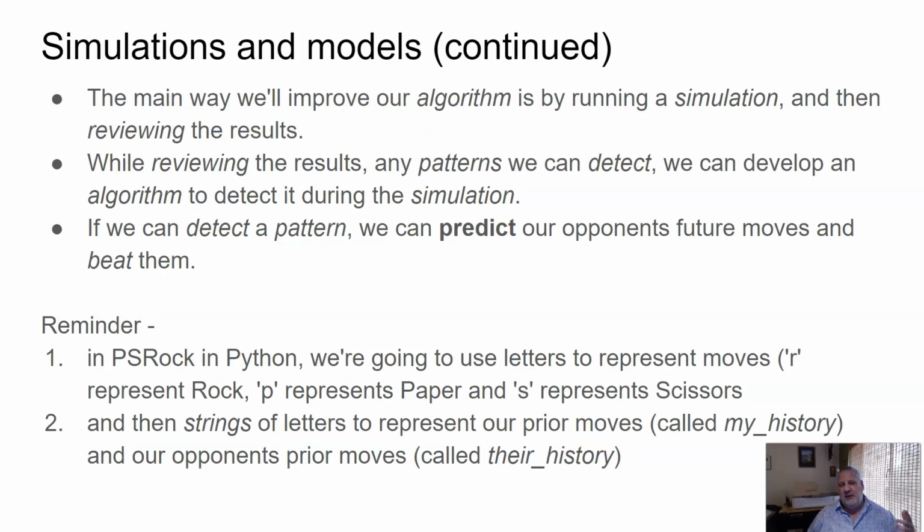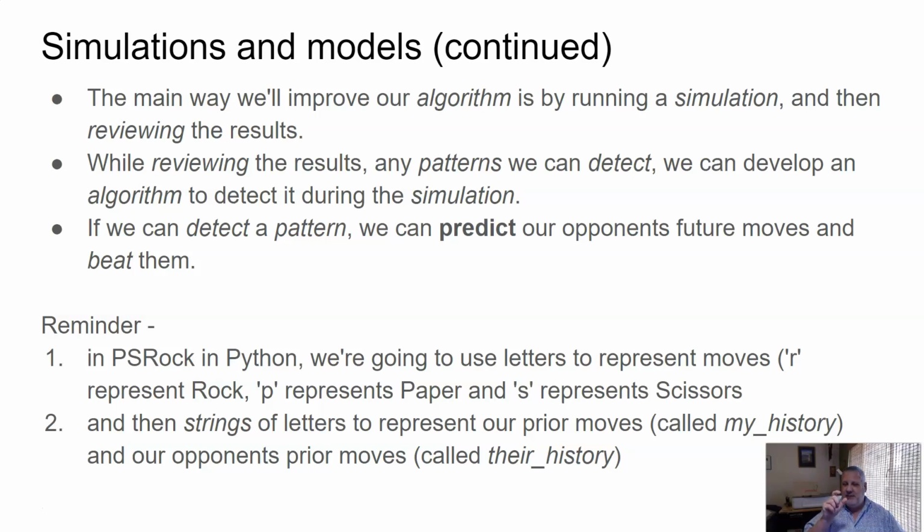Plowing ahead. So the main way we're going to improve our algorithm is by running a simulation and reviewing the results. And as we're reviewing the results, we're going to look for patterns we can detect, right? And if we can detect it with our eyes, we can figure out how to write that code so we can detect it in Python as well.